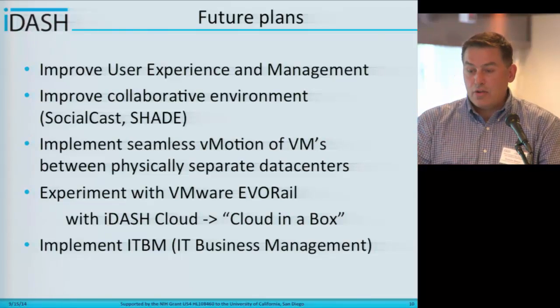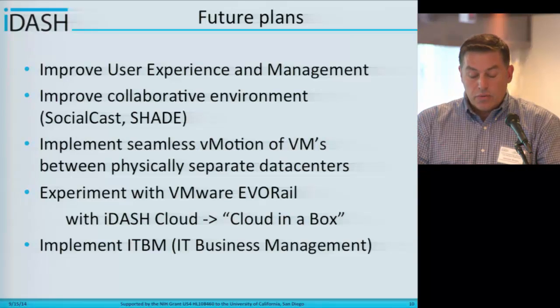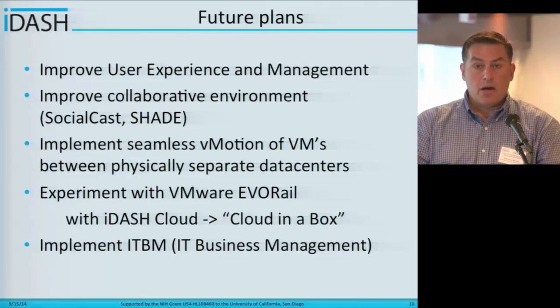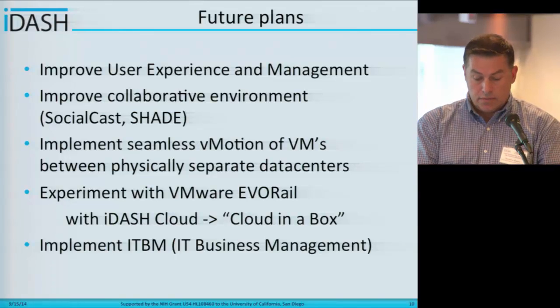We like to call this cloud in a box. And of course, we would also like to implement the IT business management model, which allows us to monitor how this whole thing is used and how to better improve it in the future.